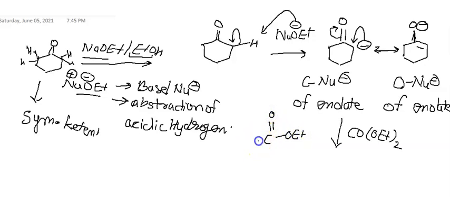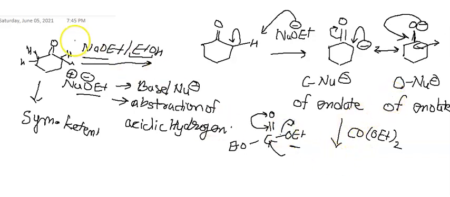Here is your substrate, and this carbon nucleophile will attack at this carbon position of the carbonyl, and the negative charge will be delocalized, and OEt is a good leaving group, so it is removed from this position.